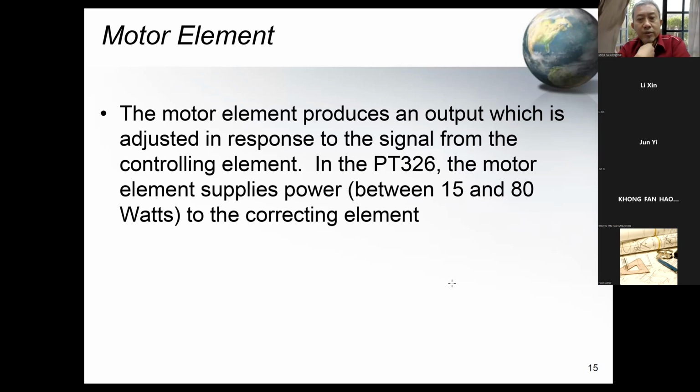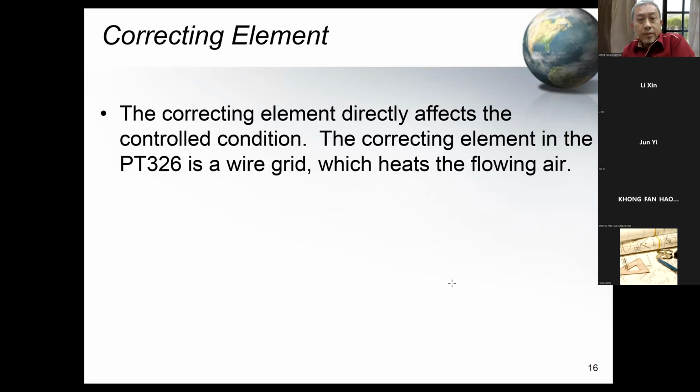The input is electrical, the output is mechanical. The input is the current or the voltage, and the output is the rotation of the motor to rotate the fan so that the air can be blown through the grid wire and flow into the tube, and exhaust from the thermistor. And of course, the correcting element is the grill, the wire grid beside the rotating fan, which heats the flowing air.